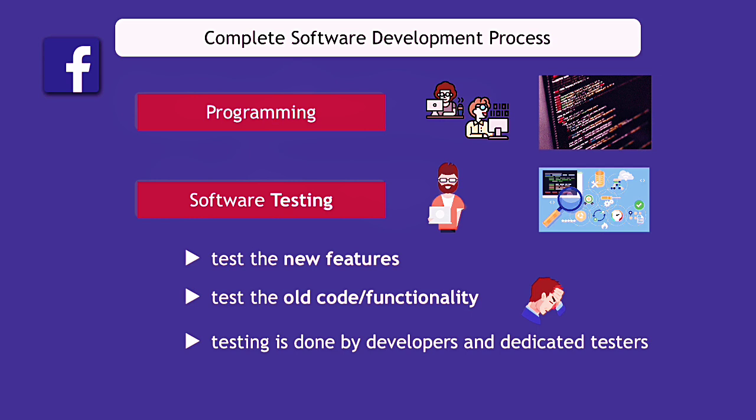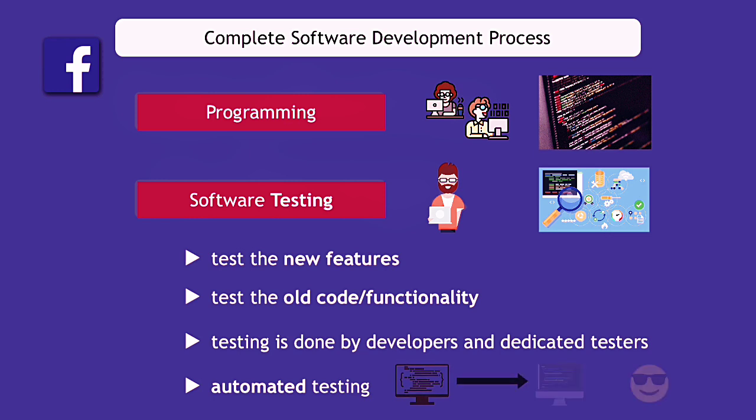So because of that, to avoid this repeating testing process, there are automated tests. Instead of people testing the application, there are programs that are testing the application. So it's code that tests the code, so to say. Once the testing process is successful, the application can be released.